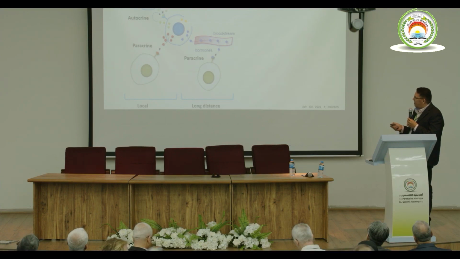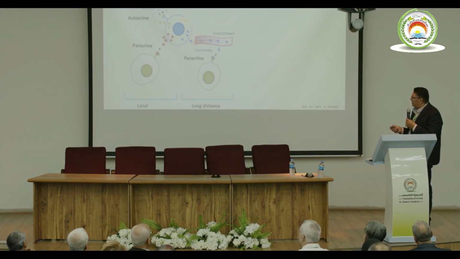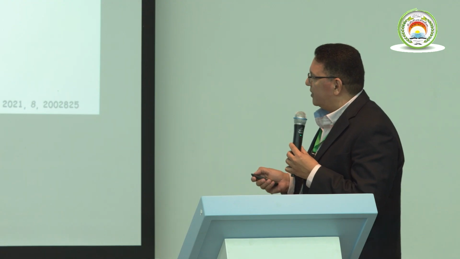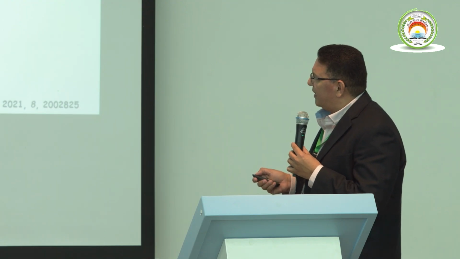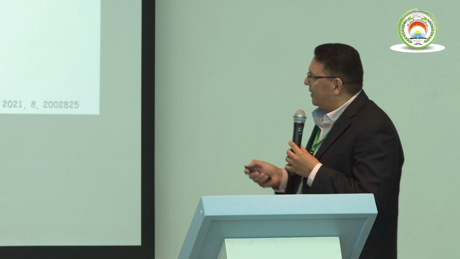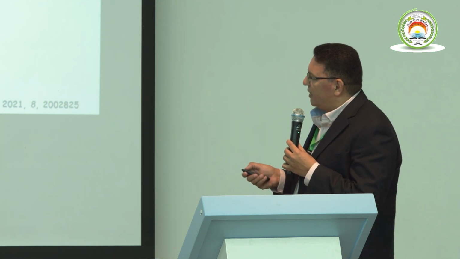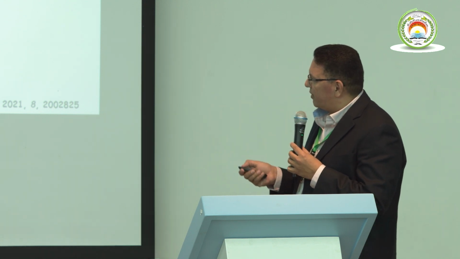There is also long distance communication between cells, like secreting hormones and affecting other cells. For example, cells in the pancreas secrete hormones that affect liver cells, adipose tissue cells, and also muscle cells in order to do uptake, for example, insulin uptake of glucose.